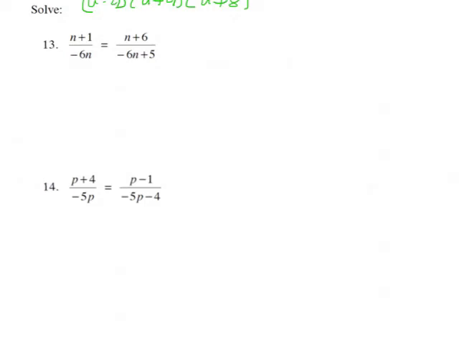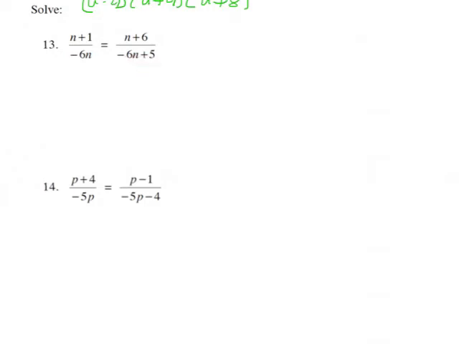Well, we have to identify the LCM, which will become my LCD, and then we're going to multiply both sides by that LCD. So first of all, we have to factor this, and then we have to factor this. Will either of those two things factor? No, it won't. Now notice something else. Don't be tricked. This is a negative 6n, and you might think this is a negative 6n as well, but it's not. It's a negative 6n plus 5.